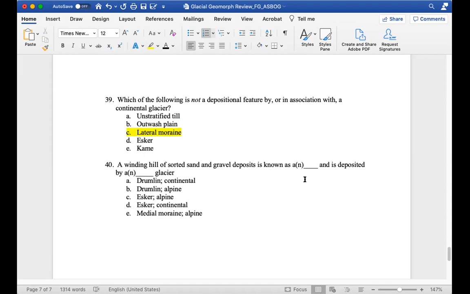Drumlins are kind of teardrop-shaped, lobate. So you really have to know your stuff with this question. Eskers are formed in continental glaciation regimes. So the correct answer is D.